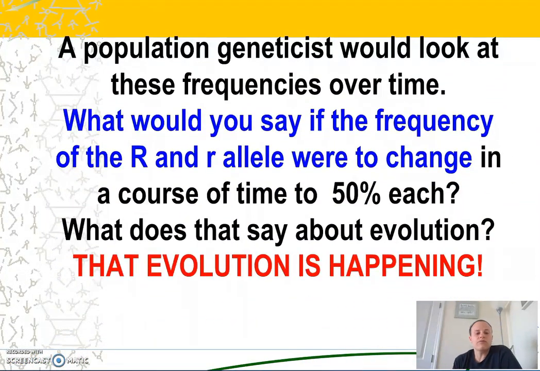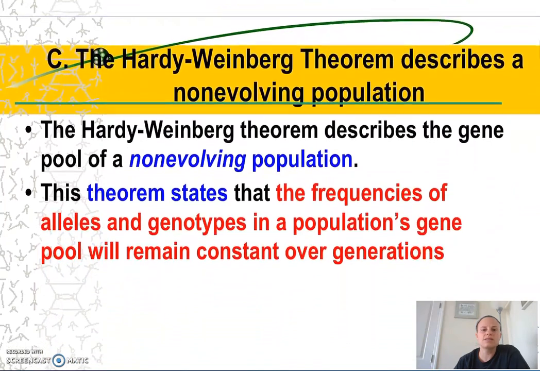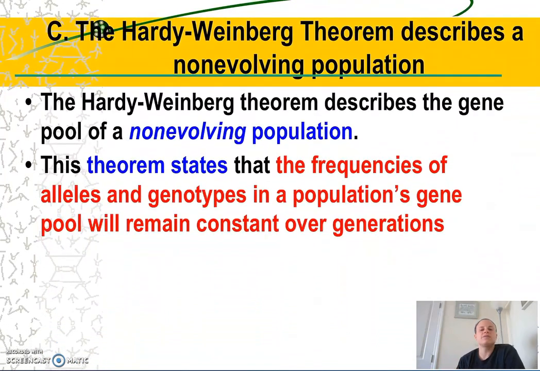Now, if that frequency of the dominant and the recessive allele changed, what would that indicate? That would indicate that evolution is actually happening. So there were these two scientists, Hardy and Weinberg, and they proposed this theorem, playing devil's advocate.